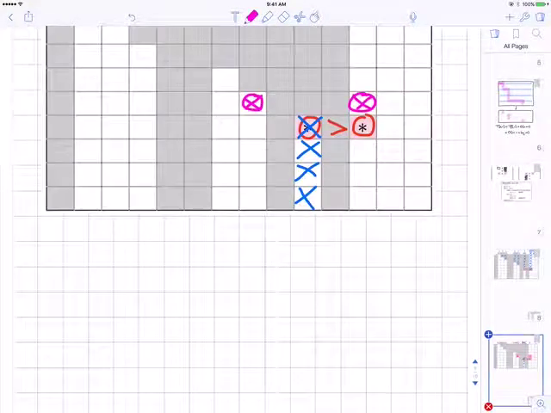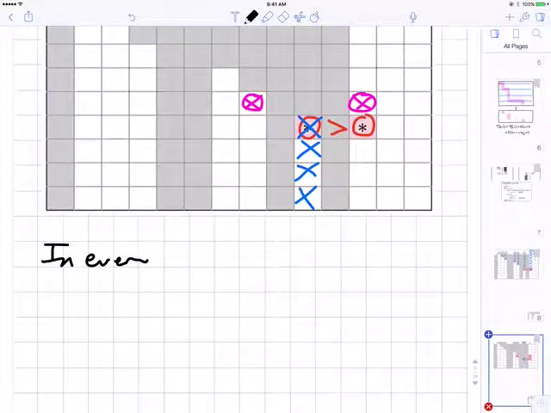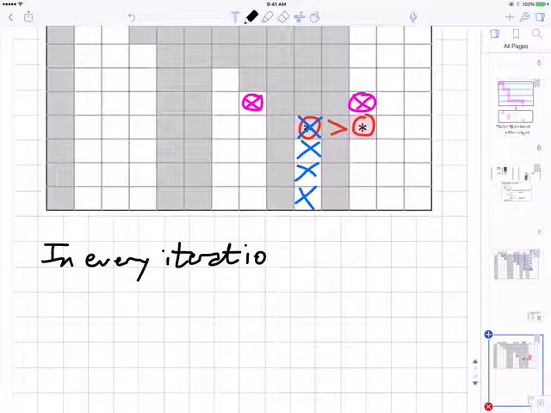So, in short, to summarize what happens here, in every iteration, I'm just going to repeat this algorithm until K runs off. Either K runs off the right edge of the array, or I have pushed the current column all the way to the bottom, the current row all the way to the bottom.